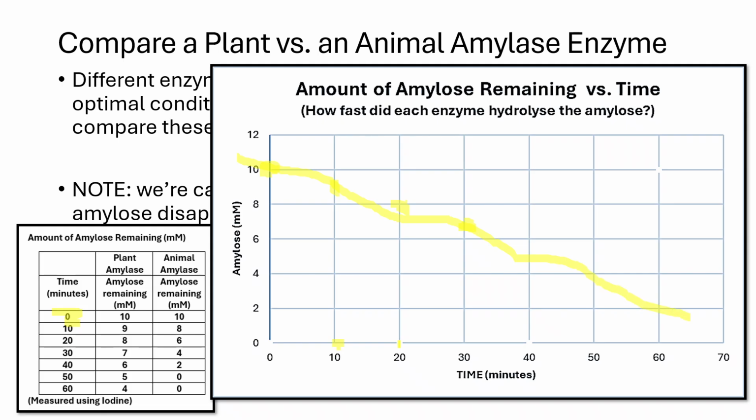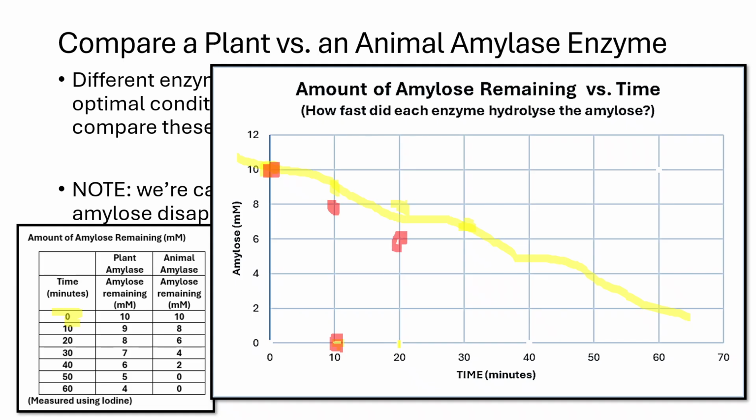Now let me change colors here. At 0 minutes, the amount of the animal enzyme is 10, as you would expect. And then after 10 minutes, we're down to 8. Right, so I'll put another point there. After 20 minutes, we're down to 6.